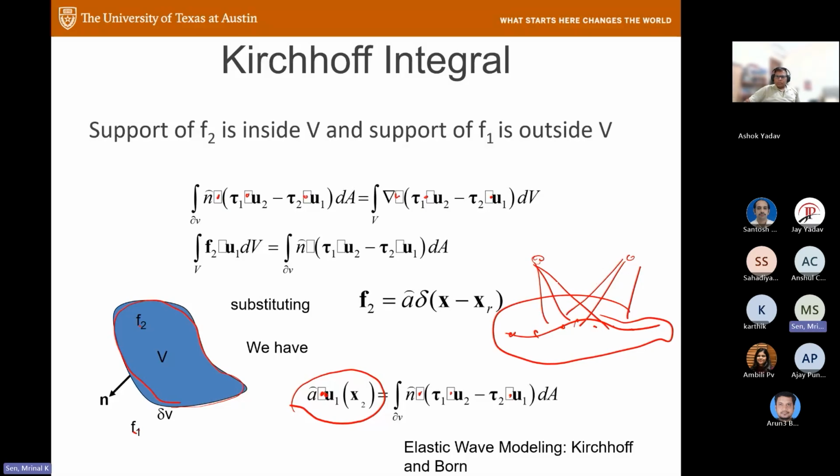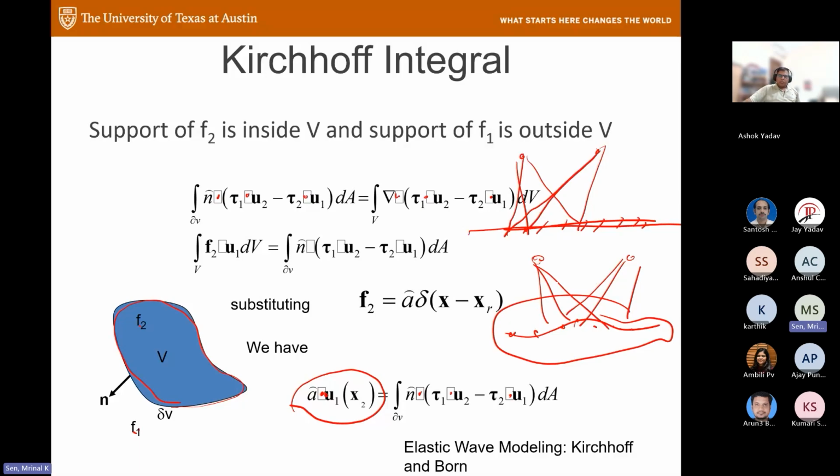So if you have an interface and you break it up into a small number of points, you can say that this is my source, this is my receiver. So you have all of these ray paths, and if you sum along that, it will give you the stationary path, which is the Snell ray path. Okay, and that is the idea about Kirchhoff method for forward modeling.